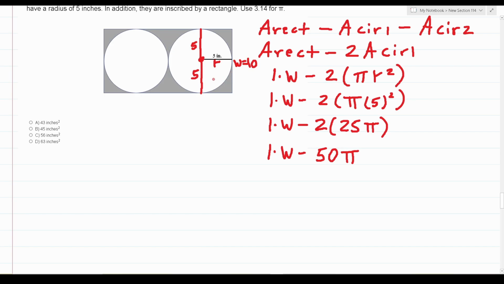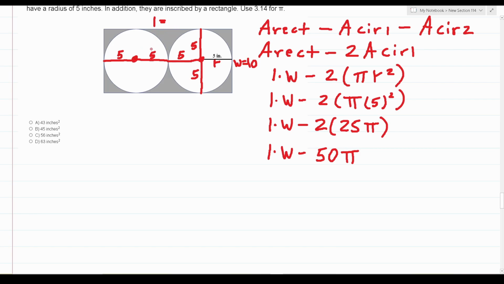Again, using our definition of what a radius is, we can also find what the length of this rectangle is, because from here to here is a radius. We know that's 5. If we put our center point down, we know from here to here is 5, and from here to here is 5. So from here all the way to here is the same distance as the length of our rectangle.